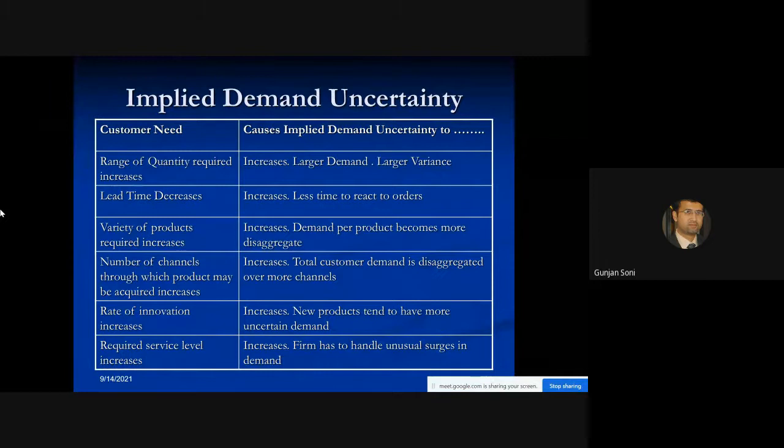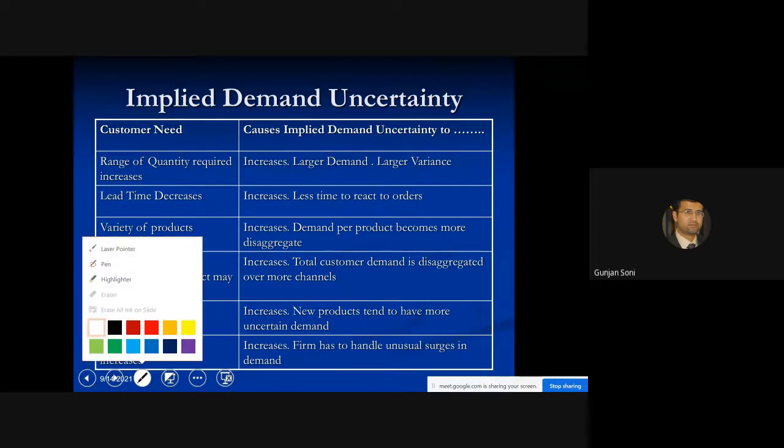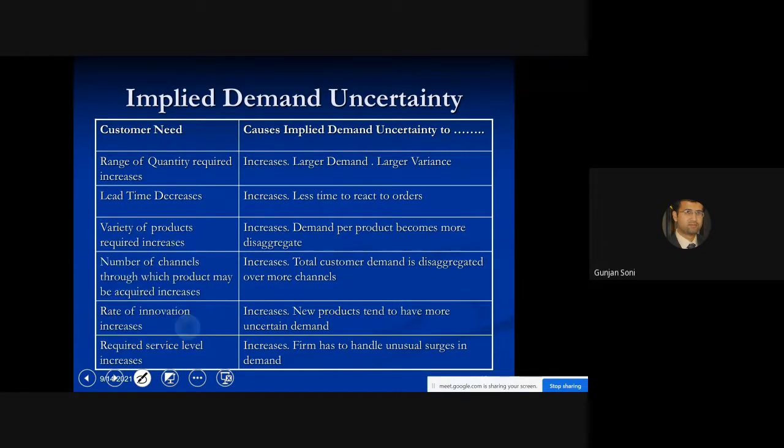How do I read this table? On the left hand side you have customer needs, and on the right side, if the customer need is like this, what happens to the implied demand uncertainty? For example, if the range of quantity required increases, your implied demand uncertainty increases.